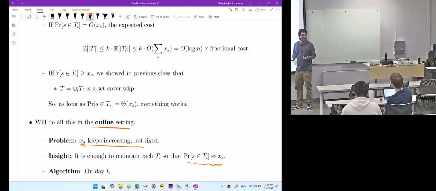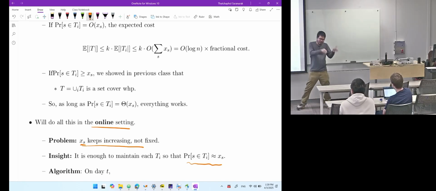That's it. Then it's in your set with probability 0.1. Okay. Then maybe the next day this increased by another 0.2. What would you do? Is it 0.3 or just 0.2? Maybe include it with another 0.2 probability. Just with the probability of the increase, put it into the set. Just increase the probability.